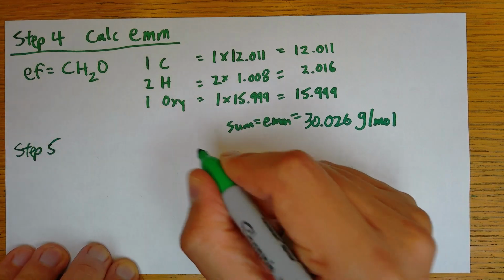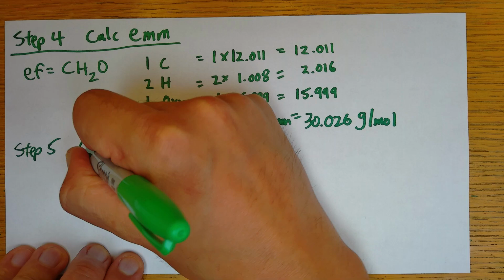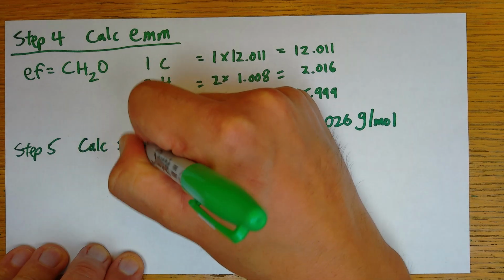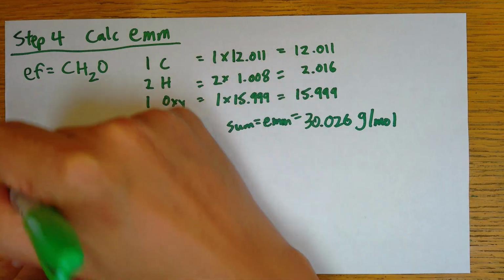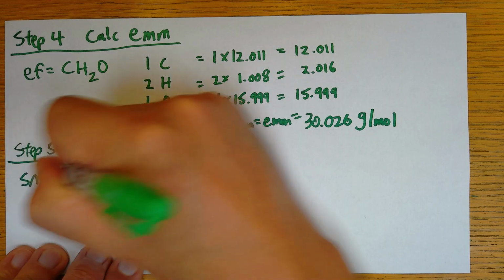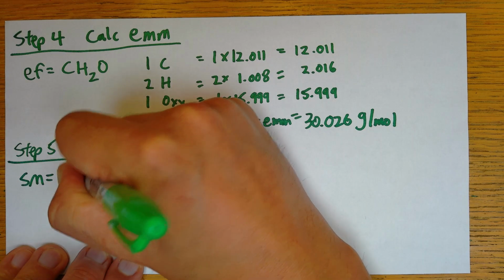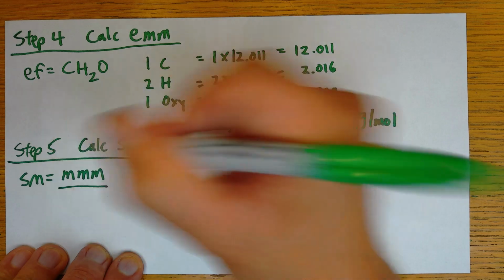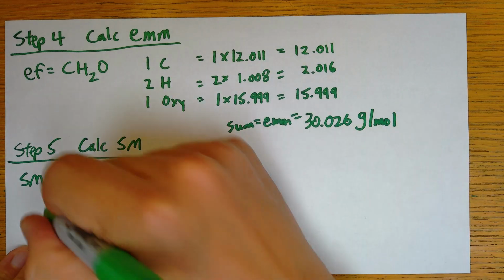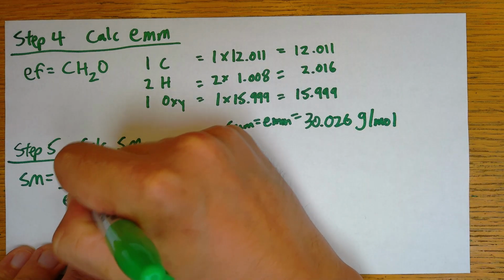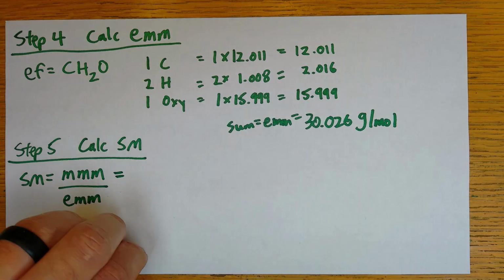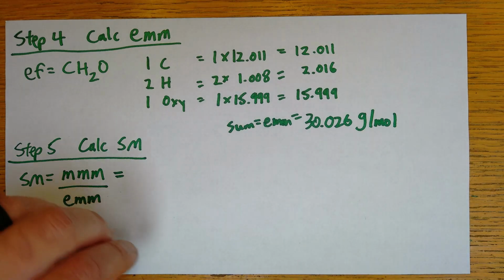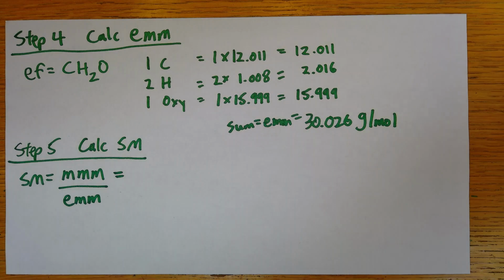I think we can do everything still on the same page. Step 5, we are going to calculate what I call the subscript multiplier. The subscript multiplier is our molecule's molar mass divided by our empirical molar mass. The molecule's molar mass was provided at the beginning of the problem.